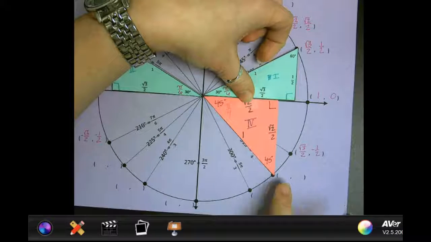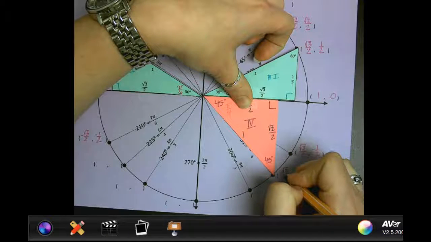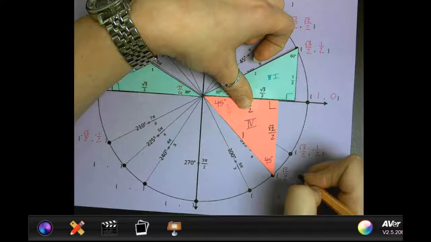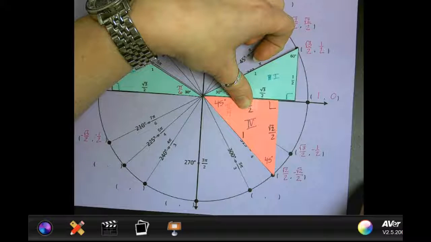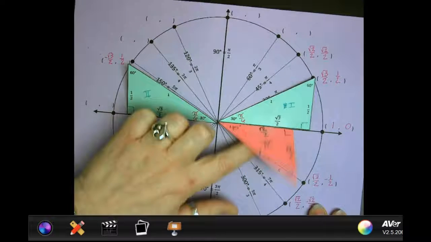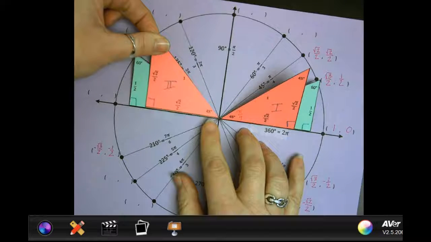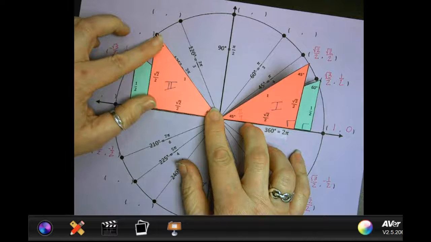So my x value here then is square root of 2 over 2, and my y value is negative square root of 2 over 2. Any questions at this point? All right. So let's take our other triangle, put it down over here and line it up.